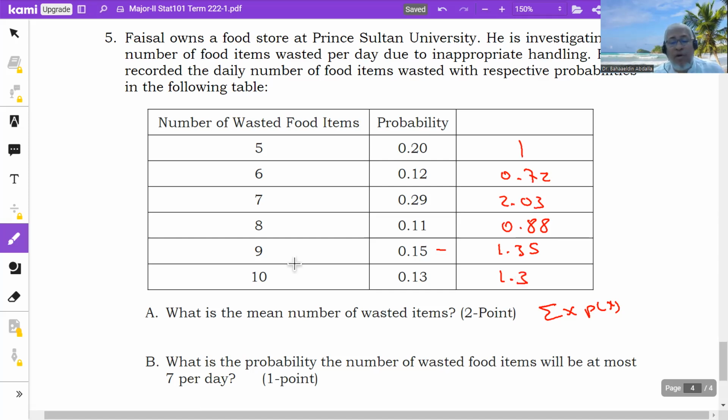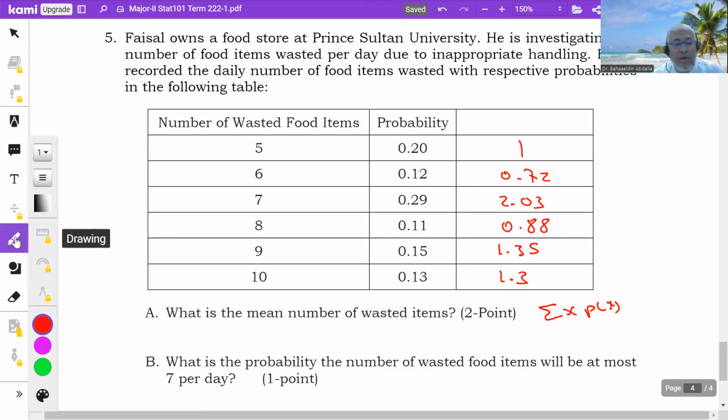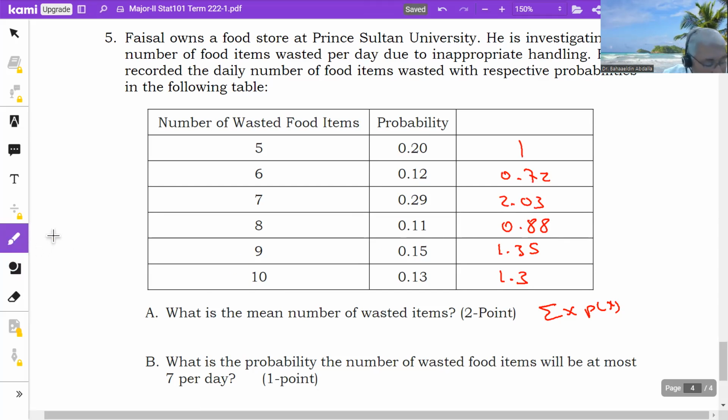And then you add all of them together. If you add all of these numbers together, okay, you will find that the answer is 7.2799. Okay, let me check.